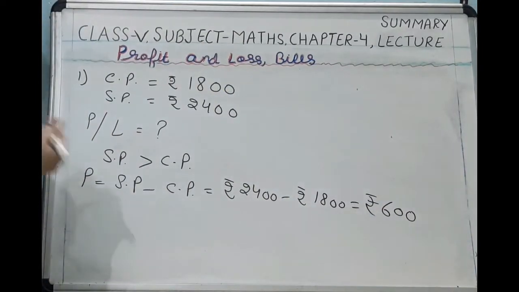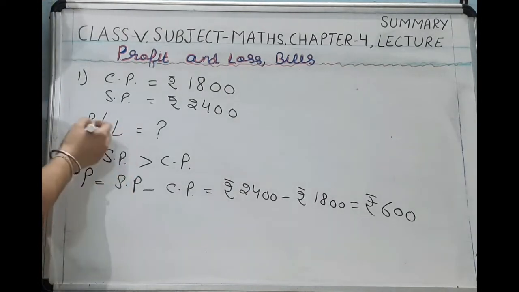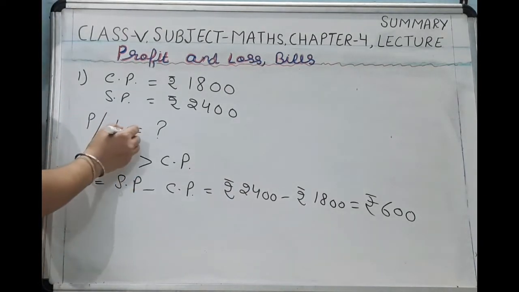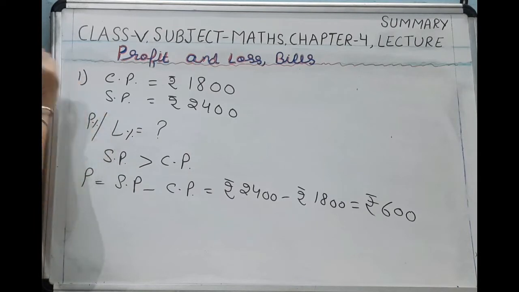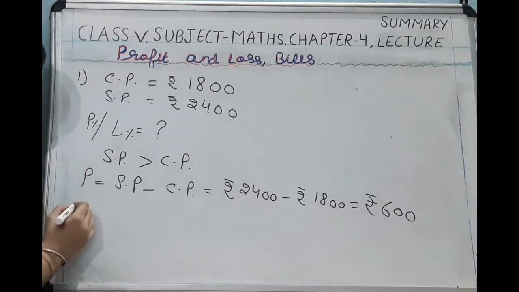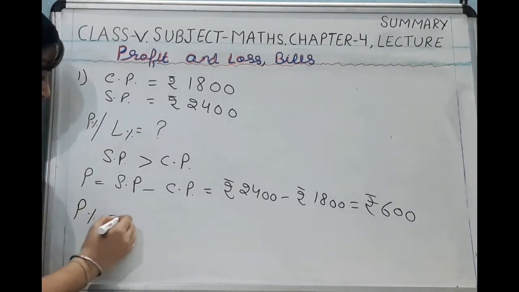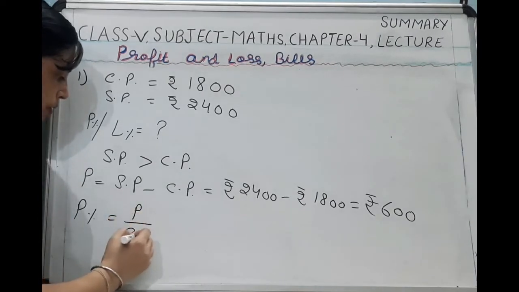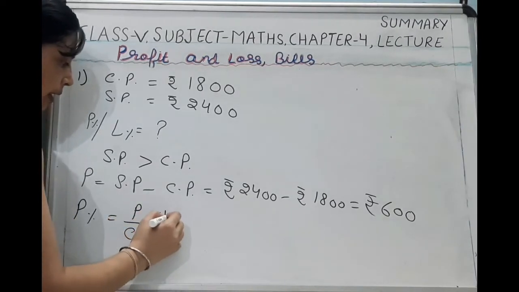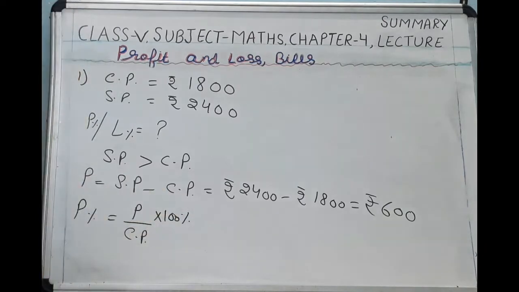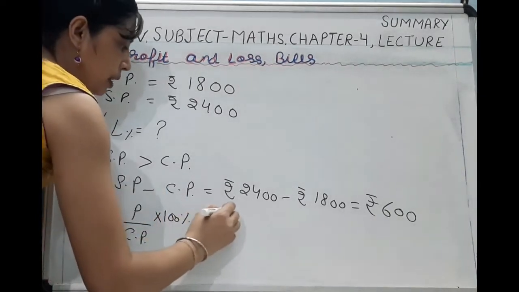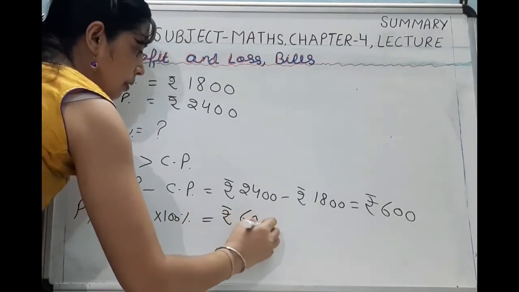Now if we have to find out profit percent or loss percent, suppose the question is find out the profit percent or loss percent, then profit percent is equal to profit upon CP multiply by 100%. Right? Now profit is rupees 600.